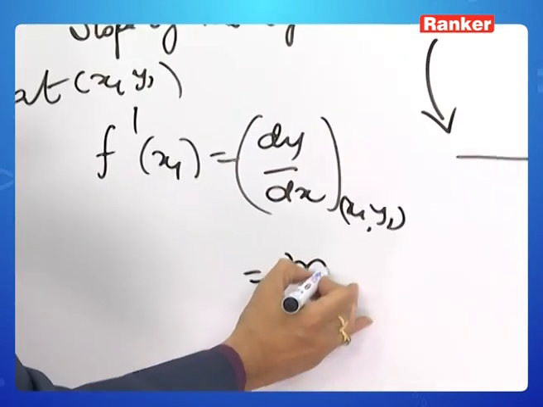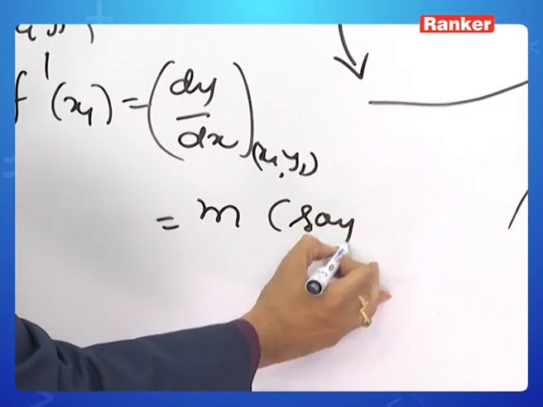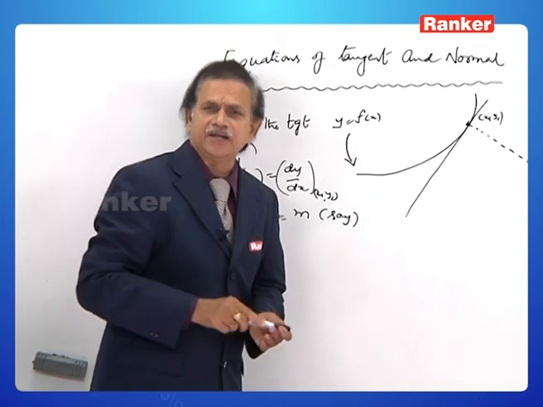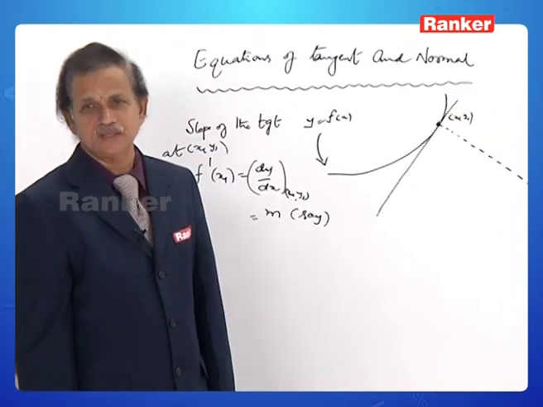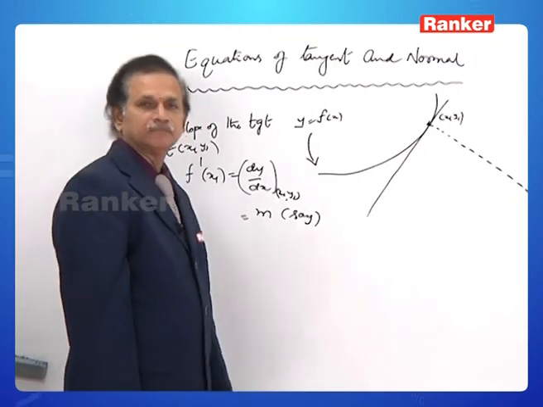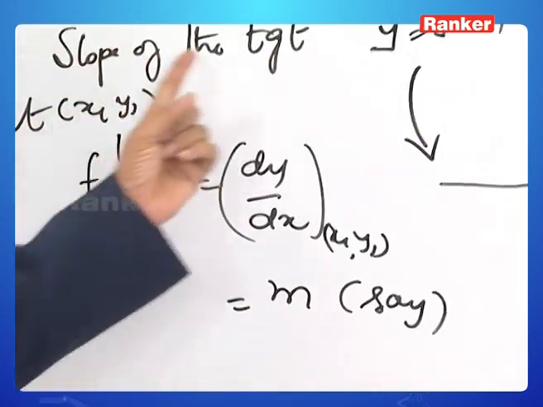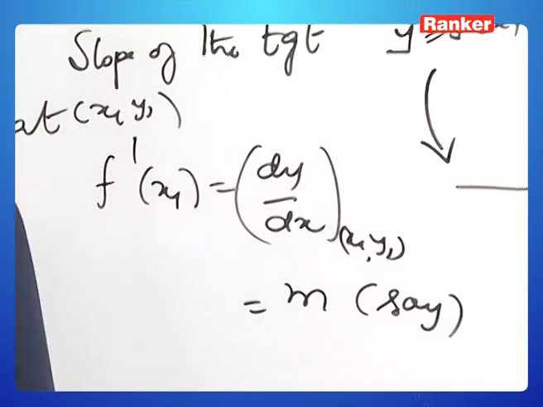According to our usual habit of representing the slope of any line, let me call this m. What is m? The slope of the tangent at x1, y1.